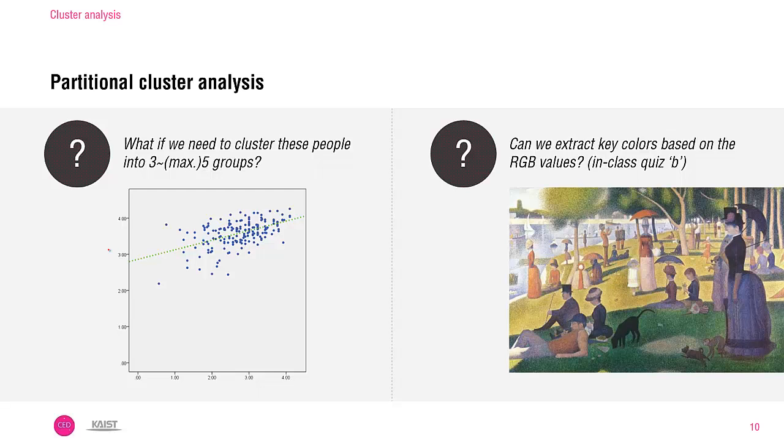Okay, that's related to correlation analysis. And what we are going to do here with the partitional cluster analysis is that when we have to cluster our students into several groups based on their performance in both categories of subjects. So here, each student has a coordinate of x comma y, where x stands for their performance in basic science courses, and y stands for their performance in IT courses.